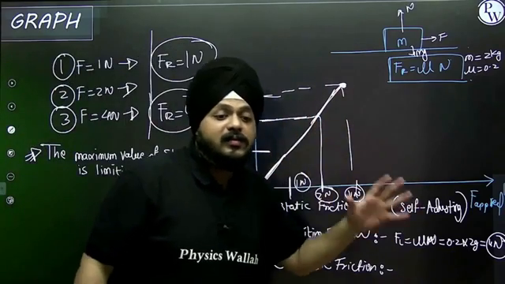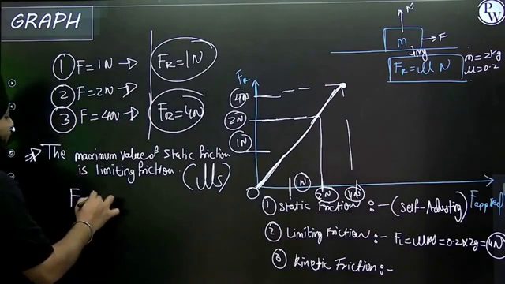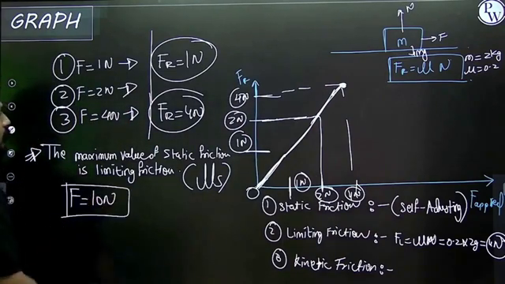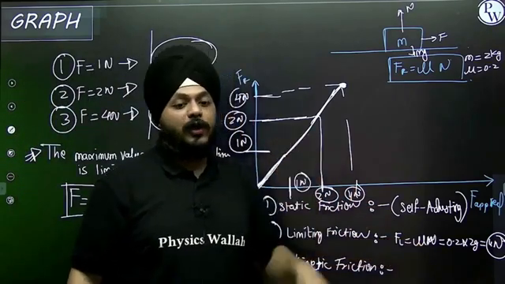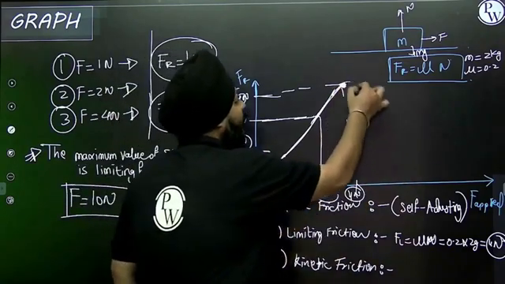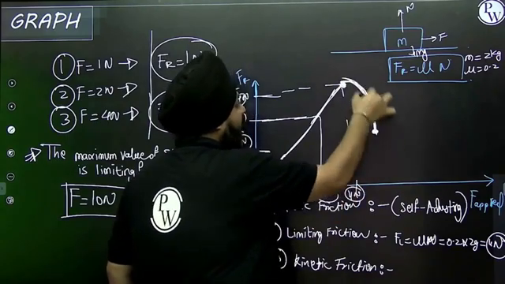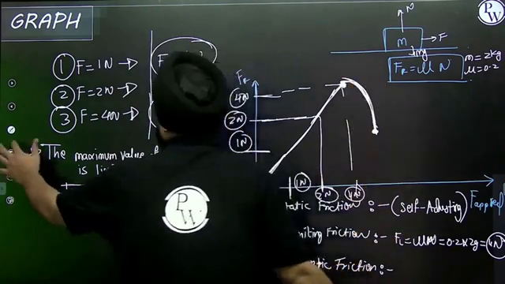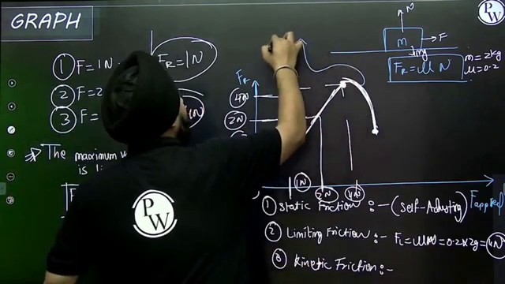Now after this, suppose I apply F as 10 Newton, whoa, the interlocking will break. Why? Our limiting friction value is 4 Newton, but we have applied more than 4, that is 10. This section of the graph shows the interlocking has gone.